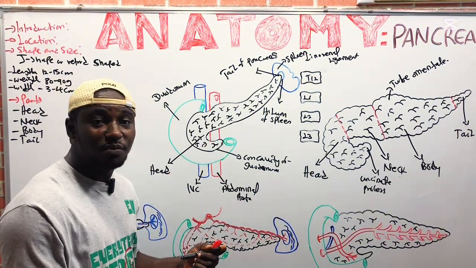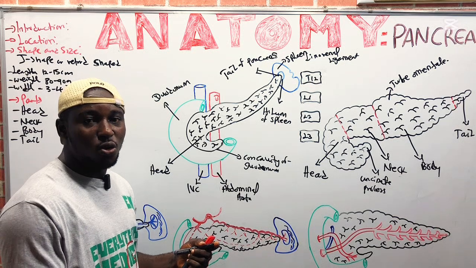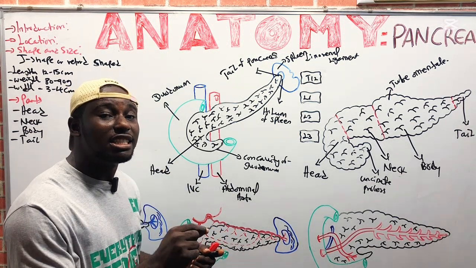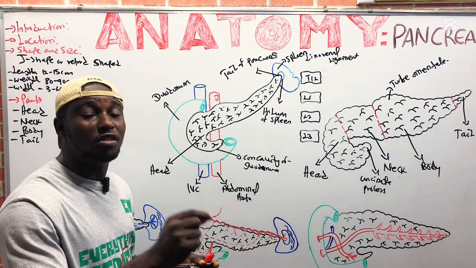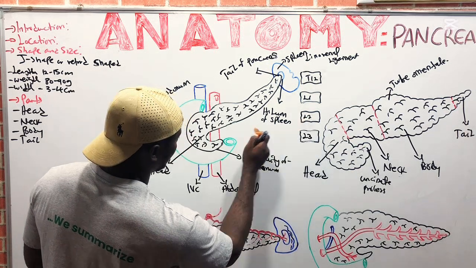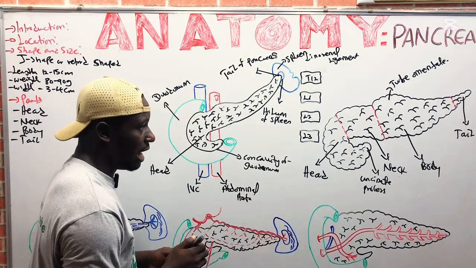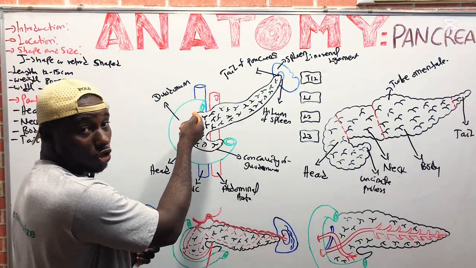It is a large disc-shaped right end of the pancreas, which lies on the concavity of the C-shaped duodenum in front of the L2 vertebra. You can see it occupies the concavity of the duodenum.